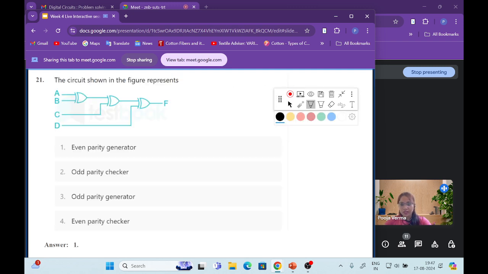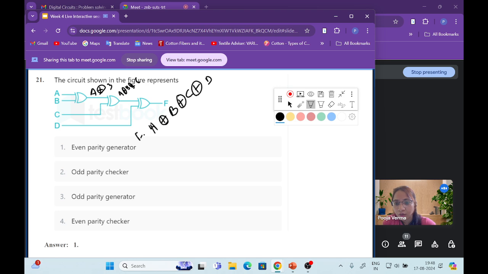So next question is, the circuit shown in the figure represents the circuit. Here it is an XOR gate, right? So it is A XOR B. Here A XOR B XOR C, and the output is A XOR B XOR C XOR D, right?